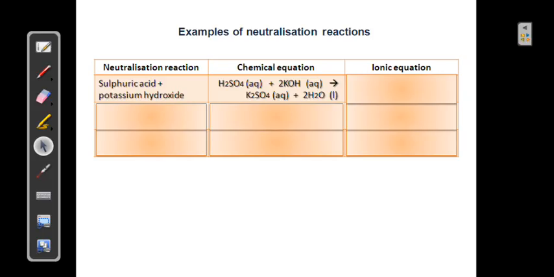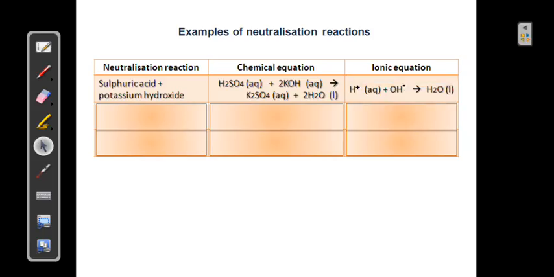So H2SO4, the sulfuric acid, has been converted into potassium sulfate, and they produce 2 H2O molecules. So this equation shows you that when sulfuric acid reacts with potassium hydroxide, it produces potassium sulfate and 2 water molecules, 2 H2Os.